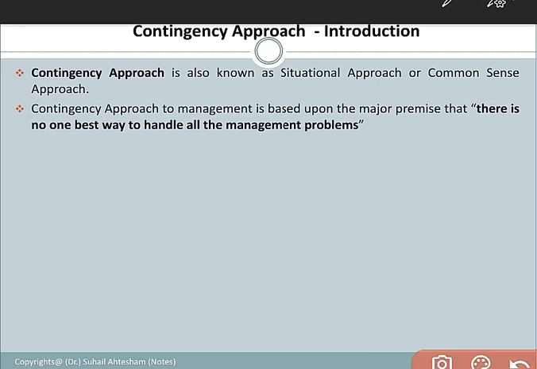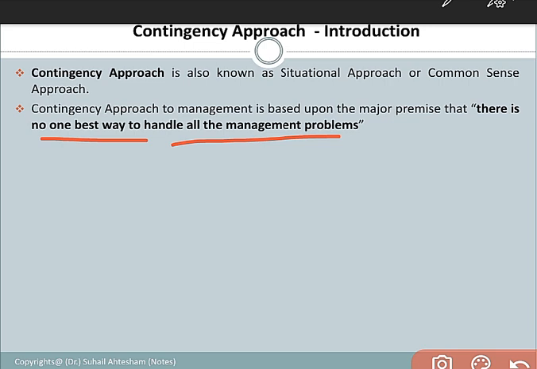Contingency approach to management is built upon the major premise that there is no one best way of handling all the management problems, right? So according to contingency approach, there must be various plans, various strategies, various techniques that have to be adopted by specialized managers in their specialized departments for overcoming the situation, for solving the problems and day-to-day functioning in the formal organization, right?